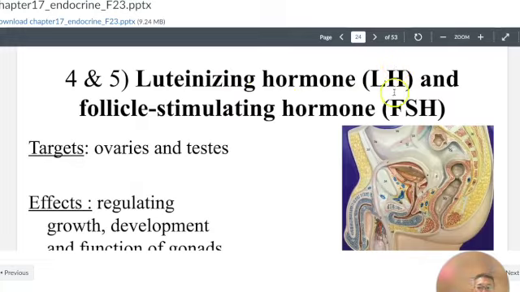Luteinizing hormone and follicle stimulating hormone. We will learn this a whole lot in the reproductive section at the end of AP2. They will target the ovaries and testes.